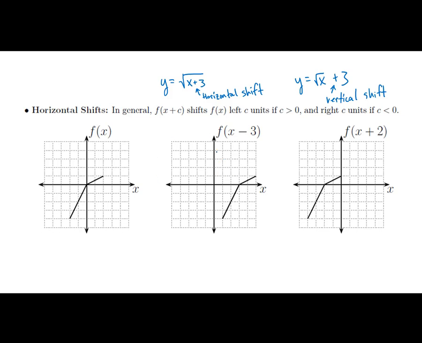All right. So here's my same original function f of x. If I take 3 away from x, what that actually does is it shifts f to the right 3.